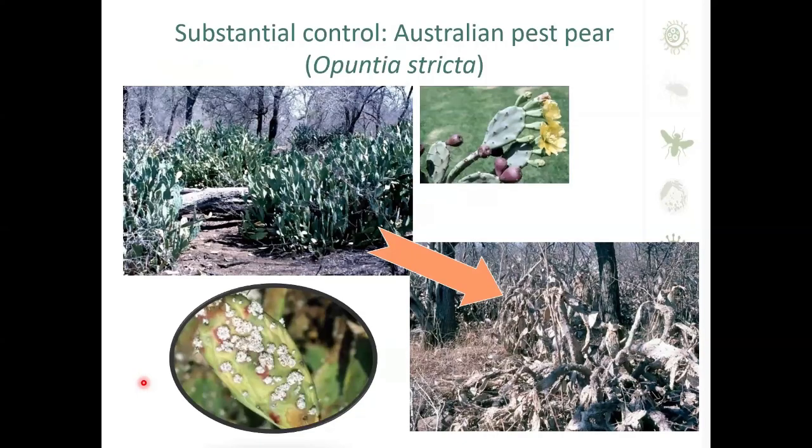Many of our cacti projects are very successful using different cochineals. It's important to have the right biotype of the cochineal, and you can see the decimation of using just the cochineal, and this is in one of our national parks, a really successful program.